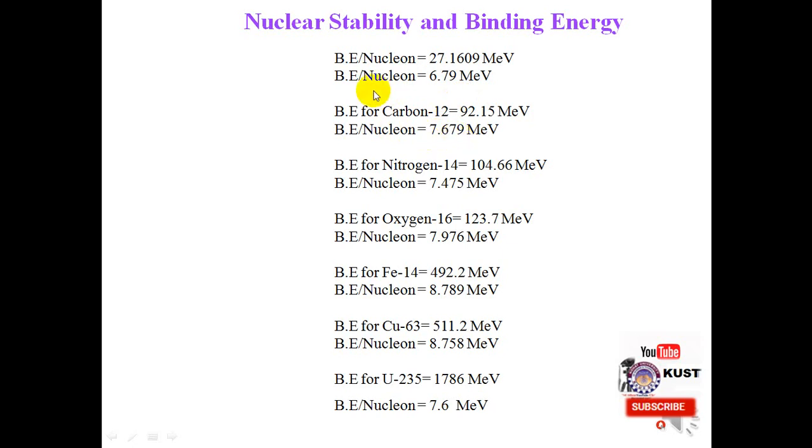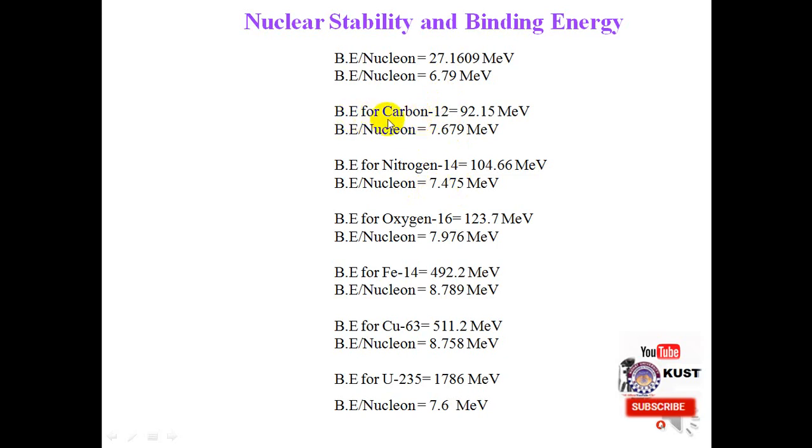Now the binding energy per nucleon represents the stability of the nucleus. Now look at this one. Carbon-12 is more stable than helium-4 because the binding energy per nucleon is higher than that of helium. Similarly, carbon-12 is more stable than nitrogen-14 because the binding energy per nucleon of carbon is higher than this as well.